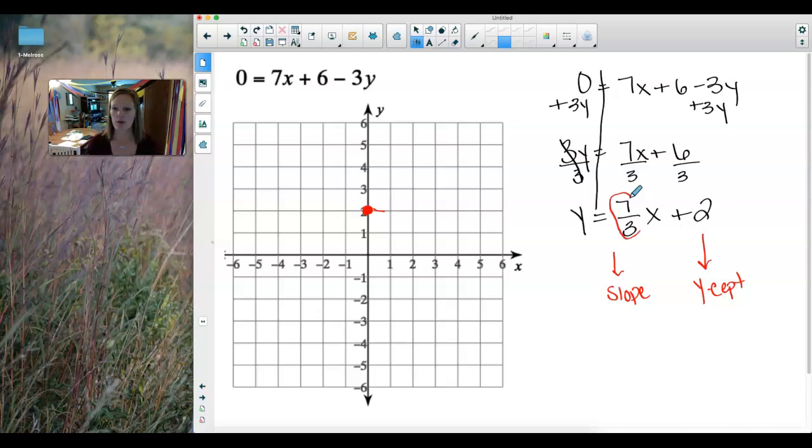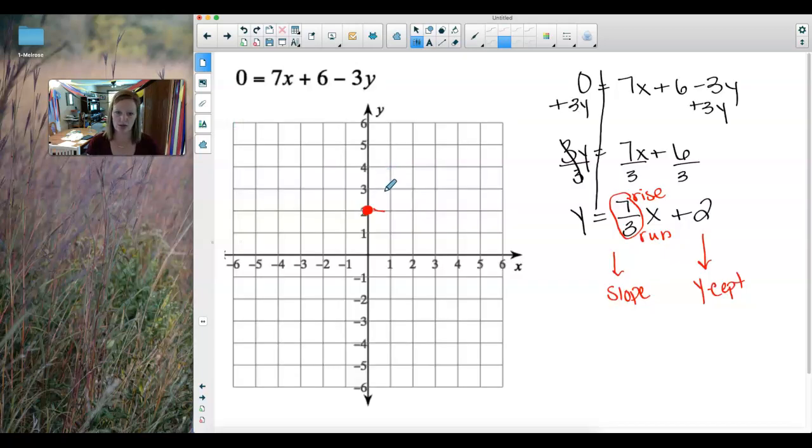Now this slope, the 7 is the rise and the 3 is the run. So that means to go up 7, 1, 2, 3, 4, goes off my graph. So I'm going to go the other way. Rise can mean up and run mean right, or it can be down and left. So instead of going up and over, I'm going to go down and to the left.